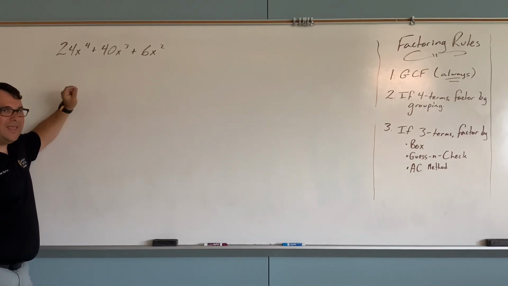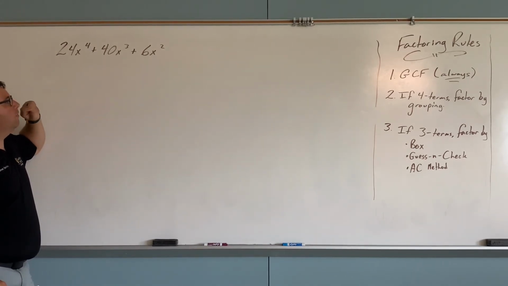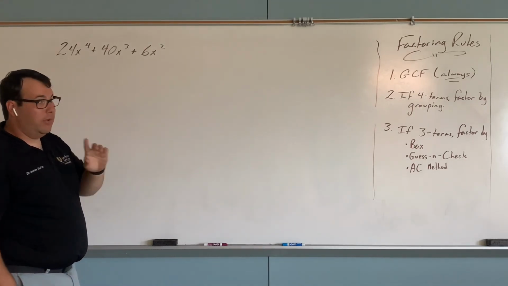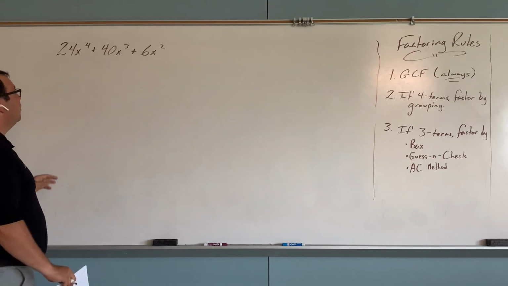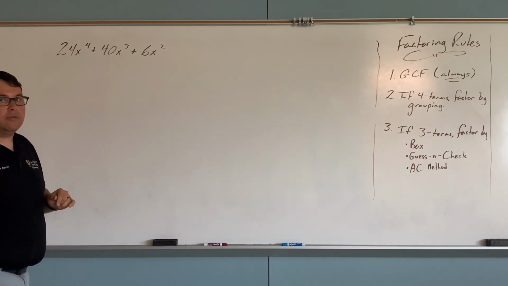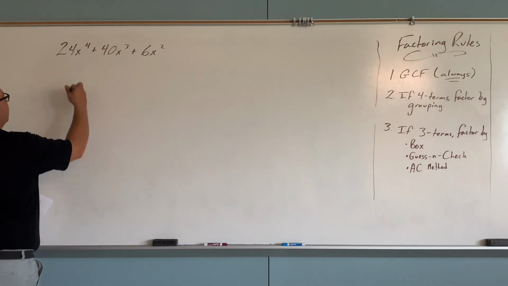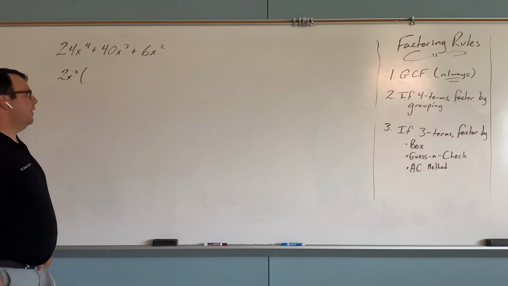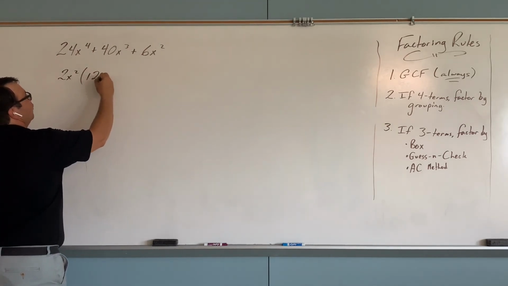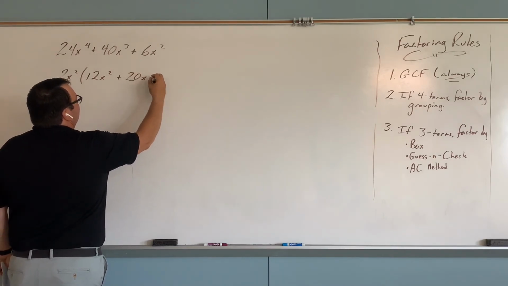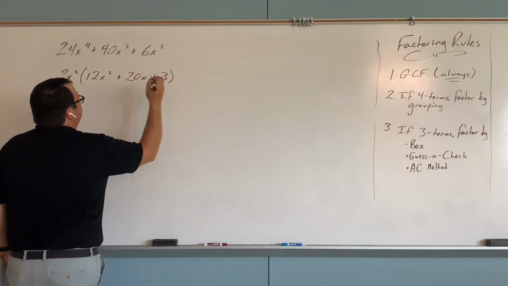Rule number 1, is there a GCF? Yes. So I see these are all even. So I know I can definitely at least pull 2. Can I pull anything else? Yeah, I can pull an x. 2 of them, in fact. So I'm going to pull out 2x squared. What does that leave me with? 12x squared plus 20x plus 3.